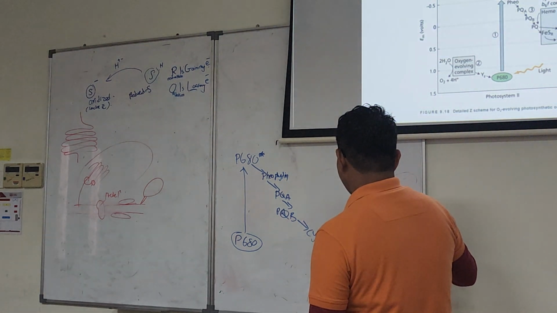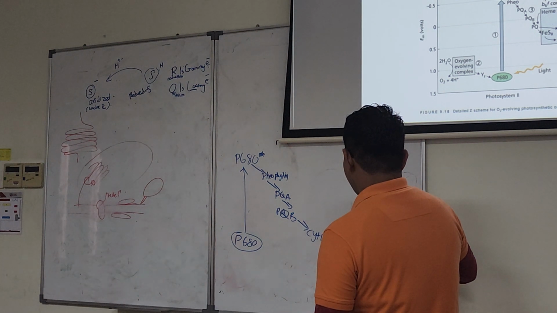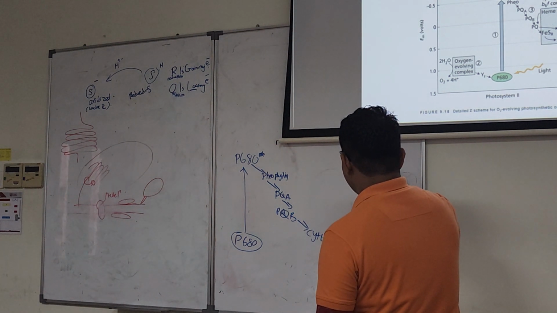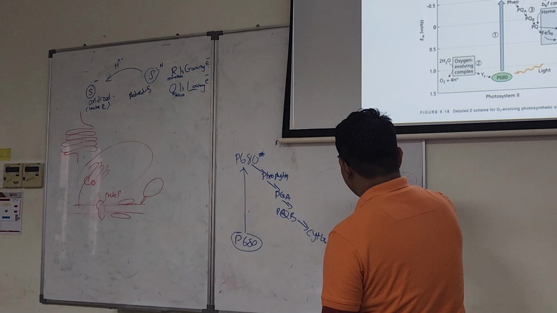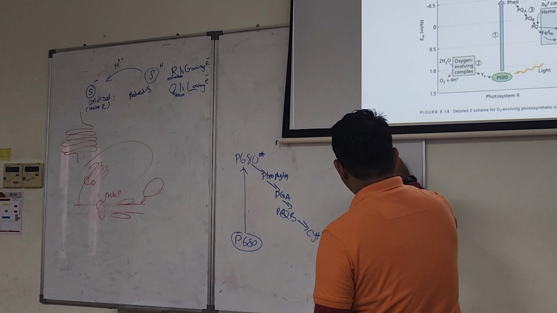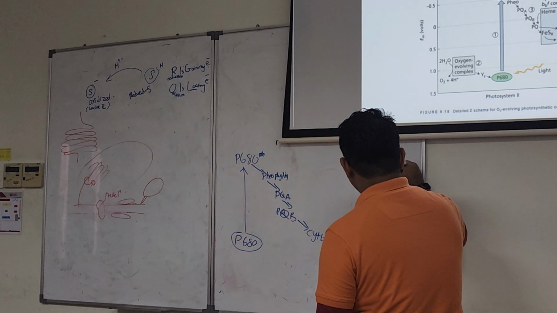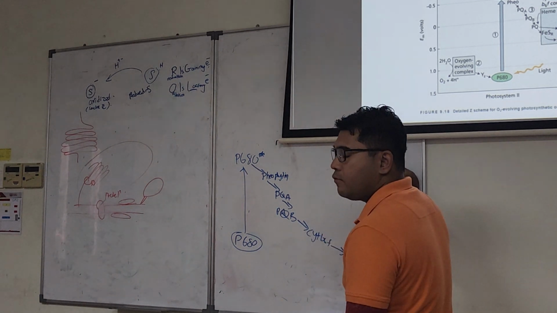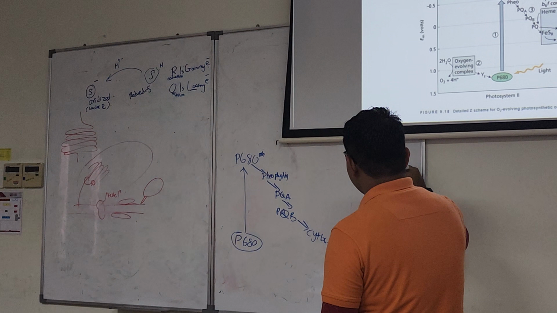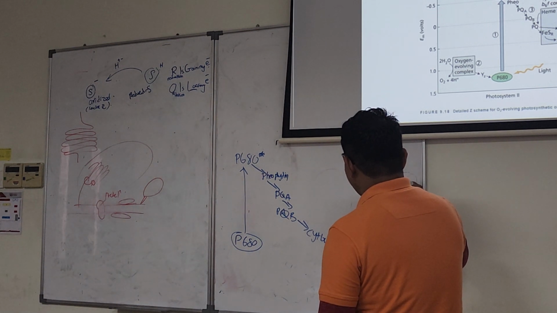Yes, ground state P700. Then you go up to P700 star. Then you go to A0. This is actually chlorophyll, but we call it A0. Then we go to A1.